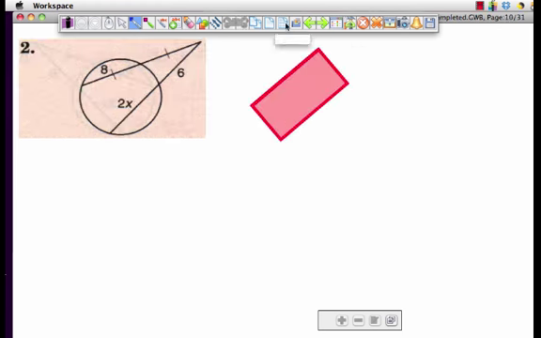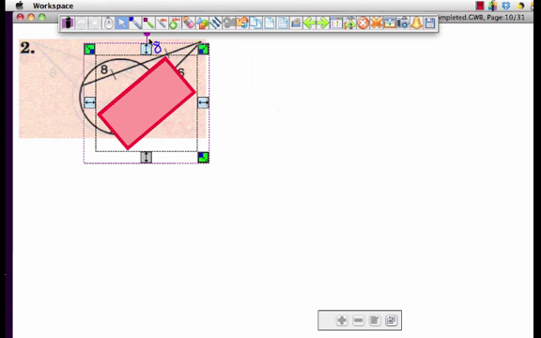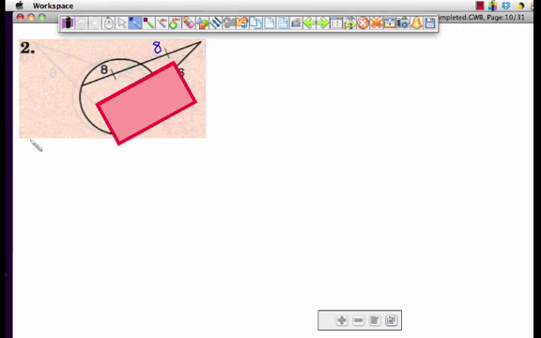For number 2, you have congruent marks here, which makes this 8. So let's deal with the top one first. You have an exterior piece times the whole piece. Exterior times the whole, that's the key.